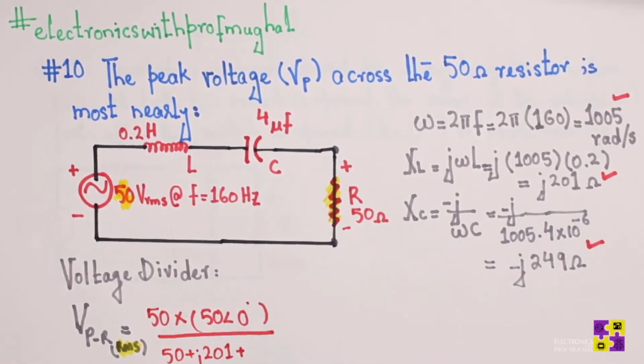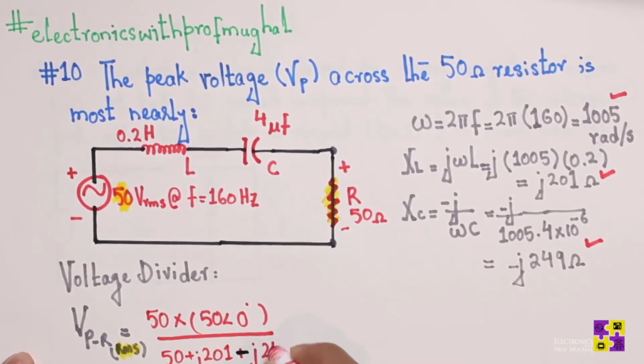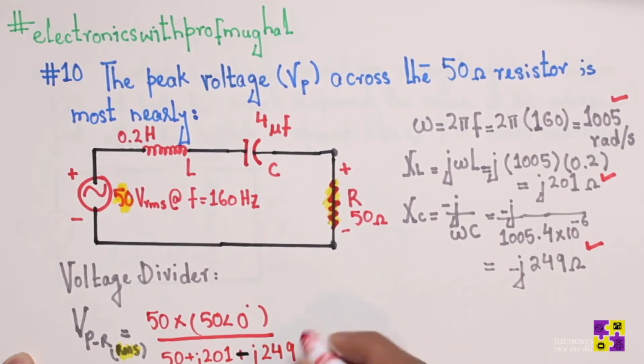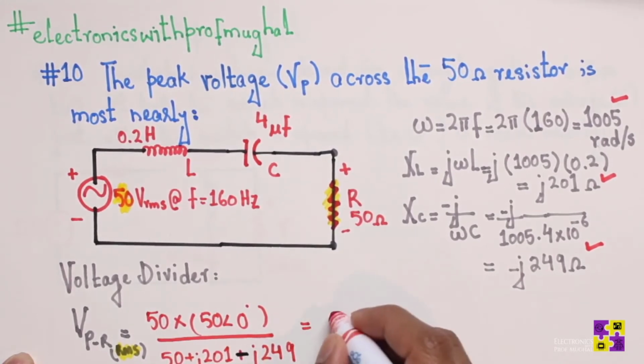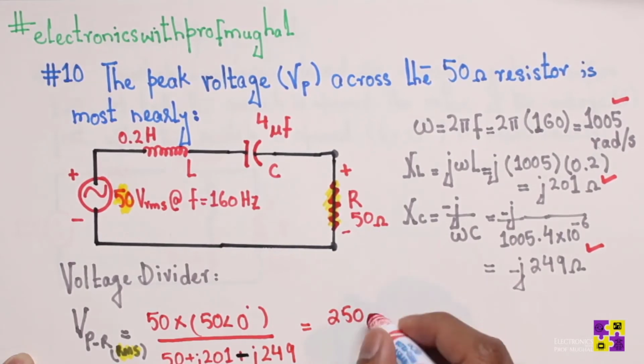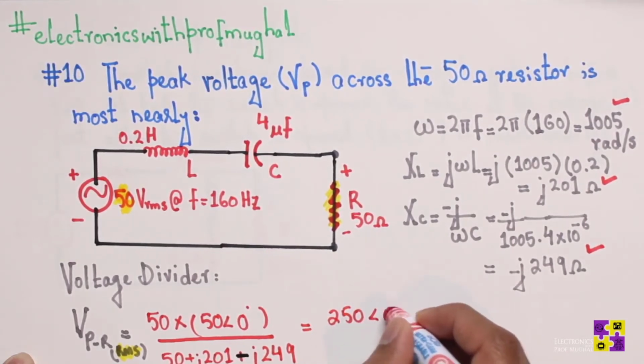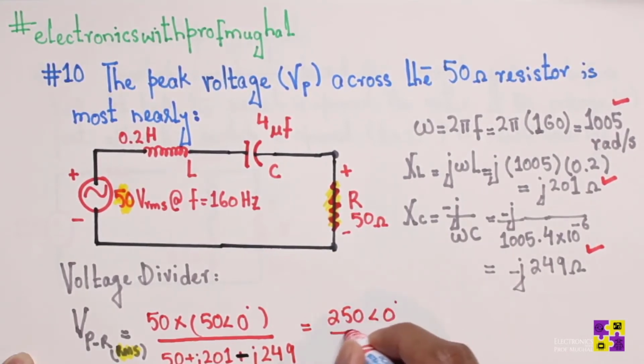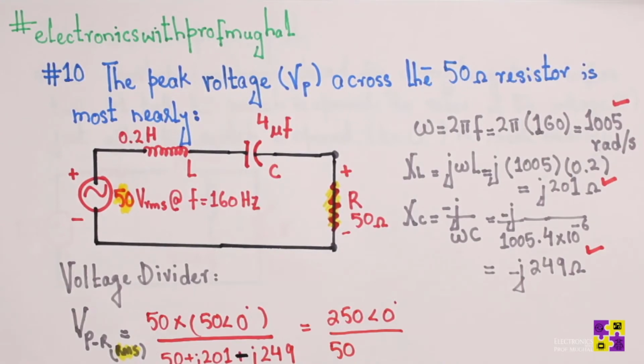So this is going to be negative j249. So this becomes 250 angle 0 degrees, and then this becomes 50 plus j, 201 minus 249.